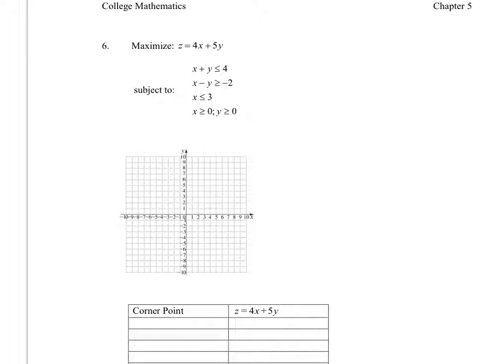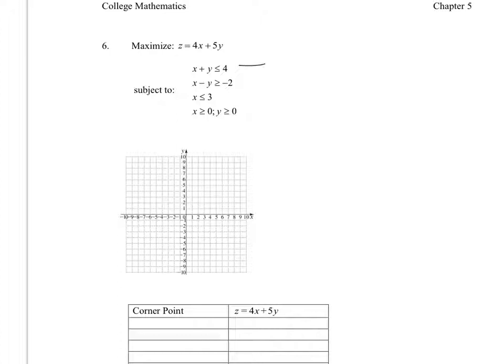Okay, let's see what happens on this one. We have more inequalities here, which potentially might mean we're going to have more corners, and that's okay. Since we're being asked to maximize, we know it's not going to be possible unless this is completely bounded. So let's see what happens if we try to put this on the graph.